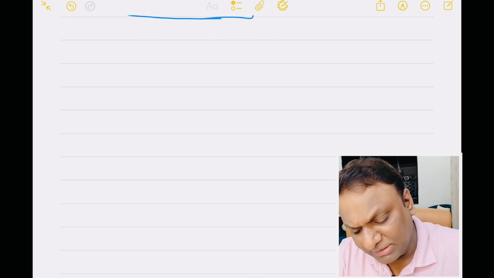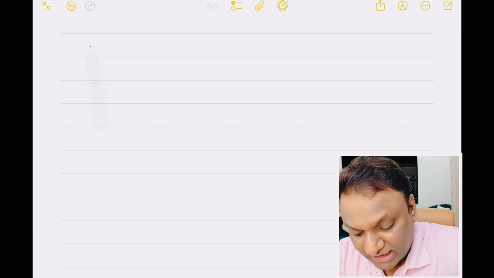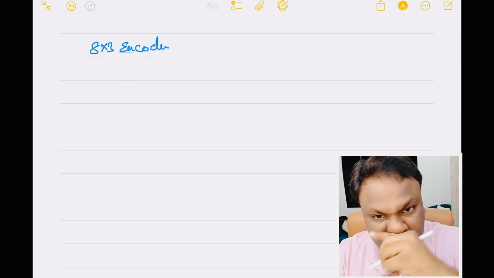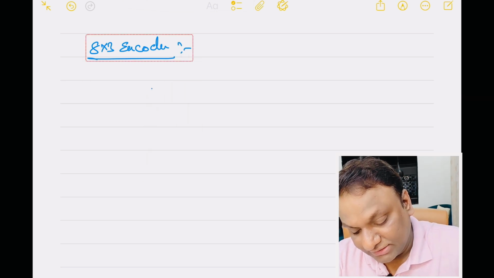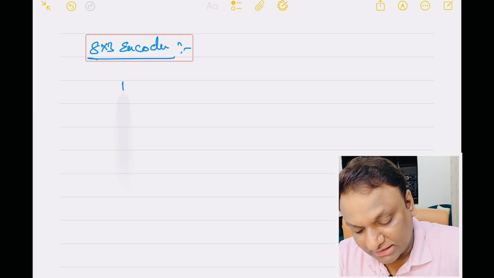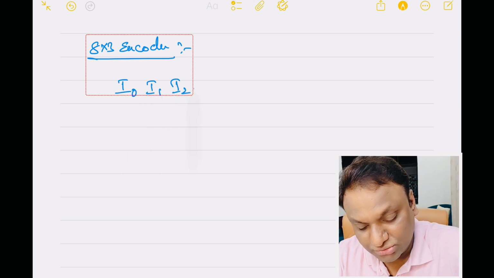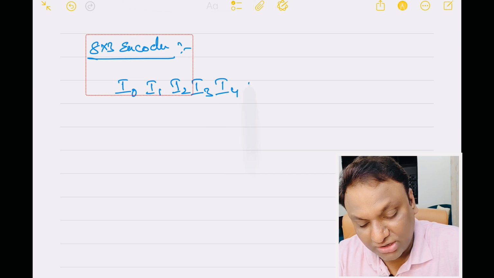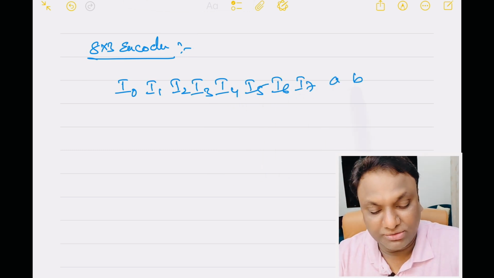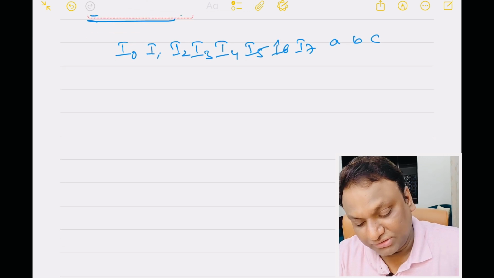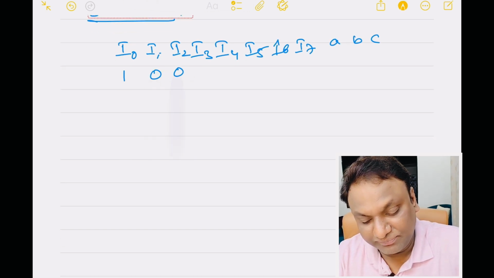Similarly, I can have an 8 to 3 encoder as well. You can see a simple diagram here. I will write the truth table: the inputs are I0, I1, I2, I3, I4, I5, I6 and I7, and my outputs are A, B and C. So it is the same thing.